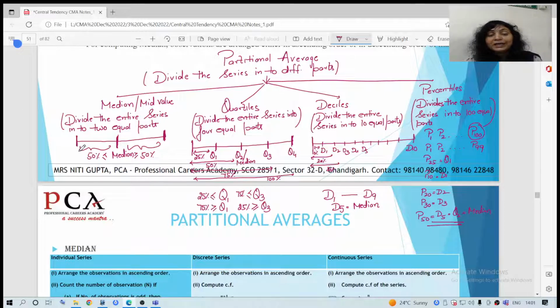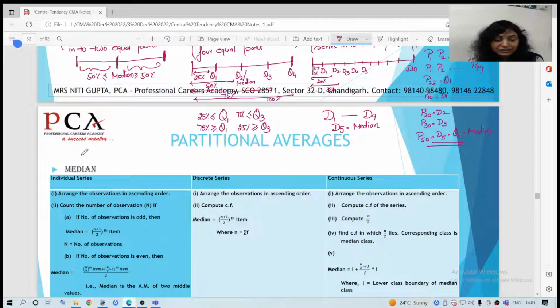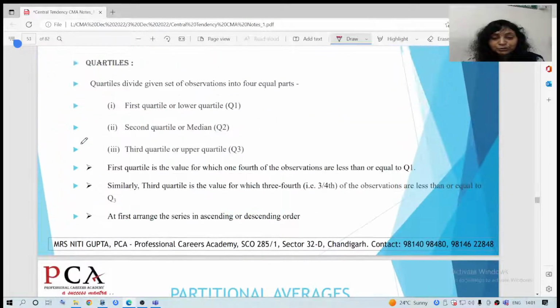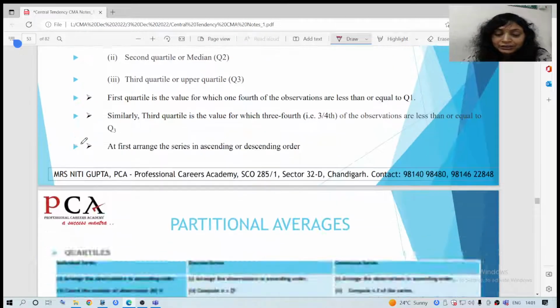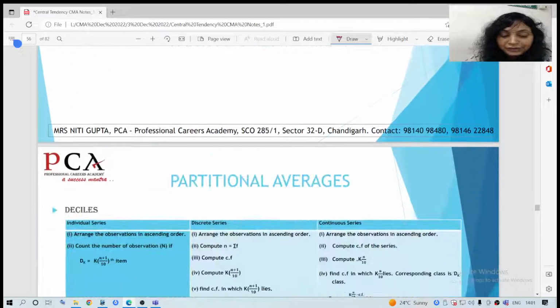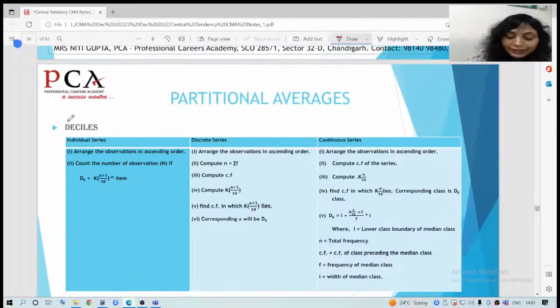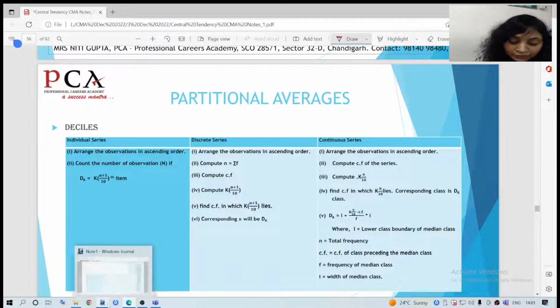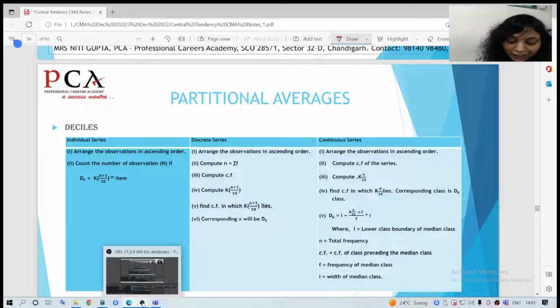So how can we compute these averages? First we'll take the example of individual series. I'll give you the chart of the method through which you can find the values of these partitional averages. So let's make a chart for that.